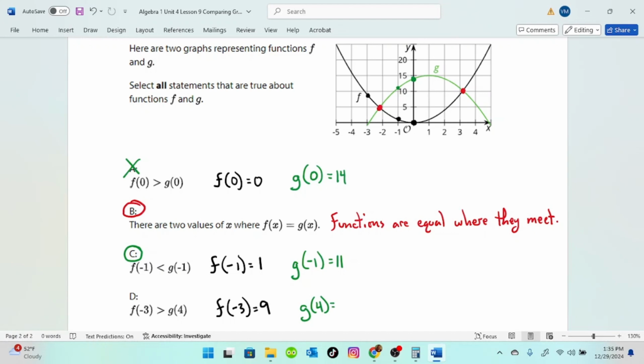So I need to go right until x equals 4, and then I need to go up until I hit g, and I see that that value is approximately 6. So I'm comparing 9 and 6, and it is true that 9 is greater than 6. So D is also a correct answer. So the only option here that was not true was option A.